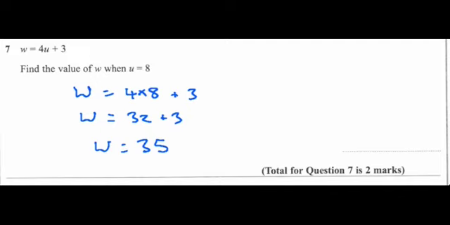In question 8 we are given a sequence and we are asked to write down the next two terms of the sequence. So we need to establish a pattern here. Well, first of all, let's look at the relationship between the first two numbers. From 1 to 3, that has gone up by 2. The next two numbers, 3 to 6, that has gone up by 3.